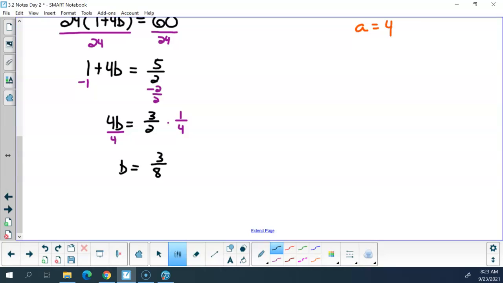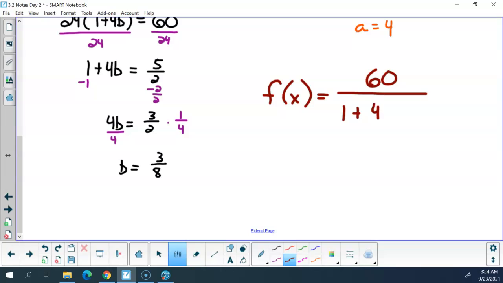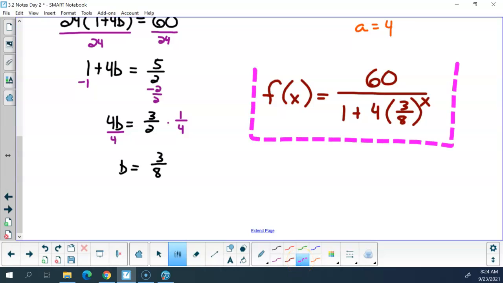Okay? So our function, f of x, is going to equal 60, that's our limit to growth, over 1 plus 4 times 3/8 to the x power. Quickly, I'll show you the graph of it.